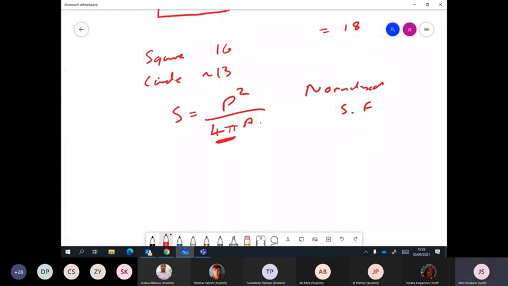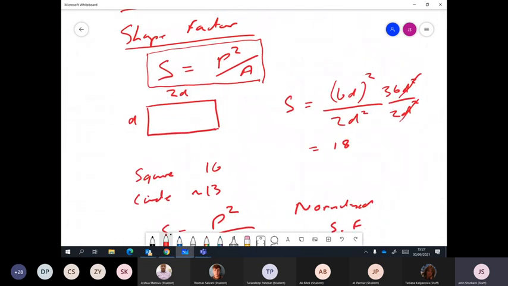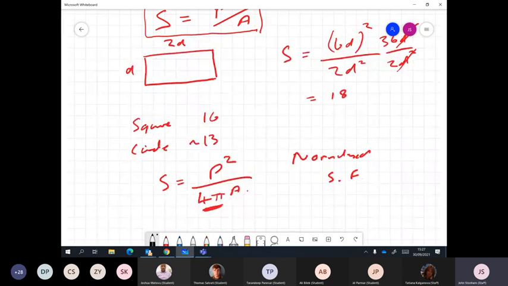The circle is the most compact shape. So instead of having a circle at 13, if you divide the shape factor by 4 pi, the circle will have a shape factor of 1, and all the others will be reduced. Instead of ranging from 13 to however large the shape factor is, the normalized version goes from 1 and increases. It doesn't matter which one you use as long as you're consistent. The one I started off with is as good as any, as long as you realize it's not normalized, i.e. the most compact shape is not 1, it's going to be 13.